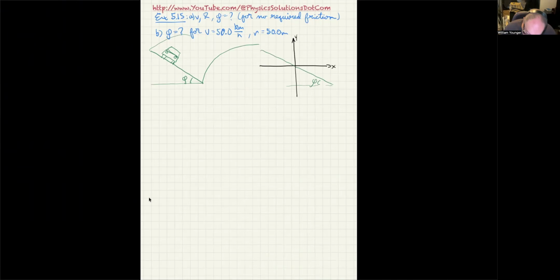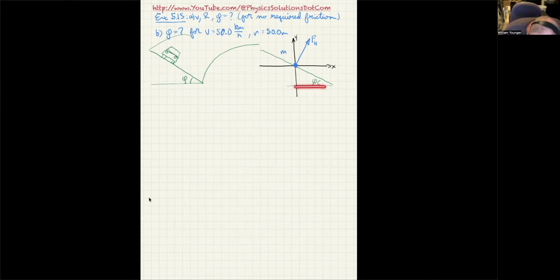So there's the phi right there. And what we have is treating the car as if it's a point particle of mass m. What we see is we have a normal force that is not parallel to the y-axis or the x-axis. In fact, it's perpendicular to the road surface. So you can see, for instance, that this angle right here is theta.